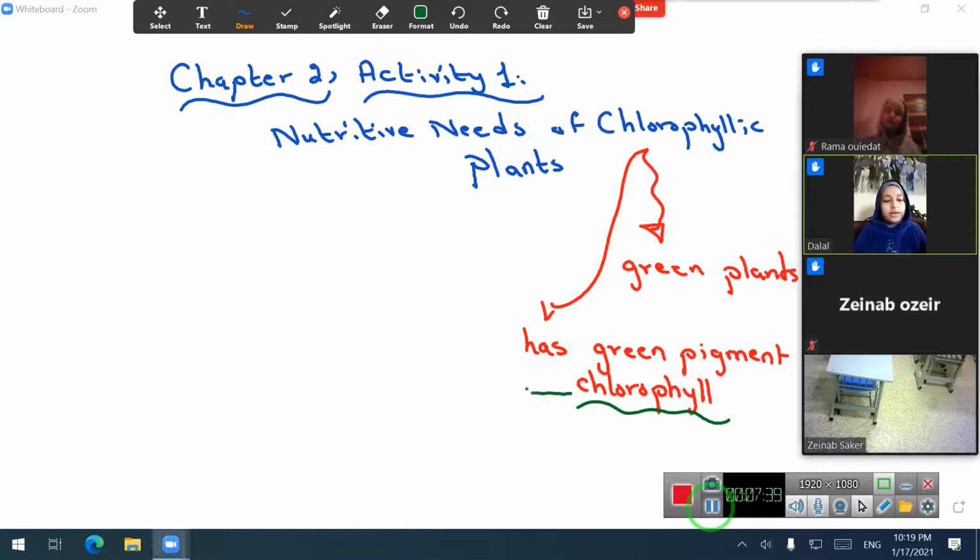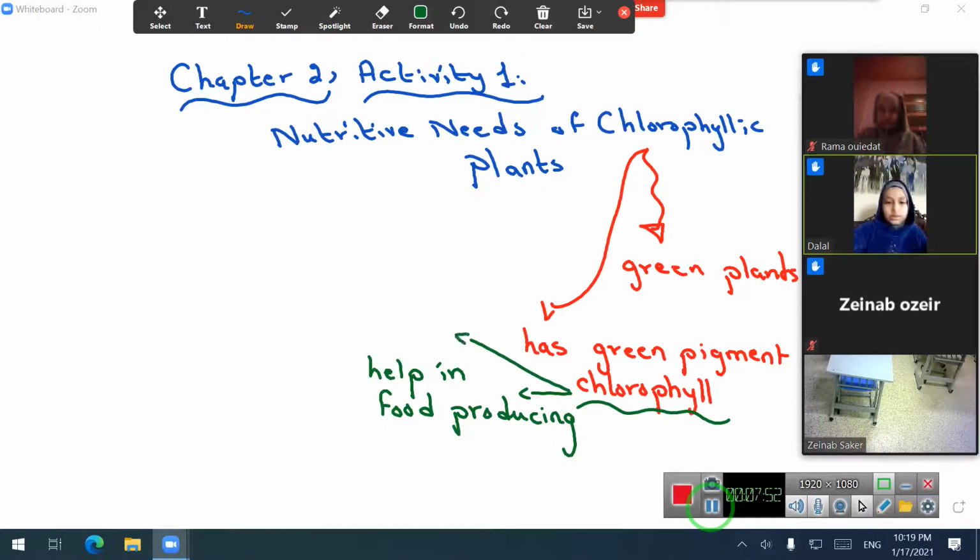Chlorophyll can help the plant make its own food. Excellent. It helps in producing food. Please mute yourself, Dalal. Okay. So also chlorophyll gives the plant its green color.